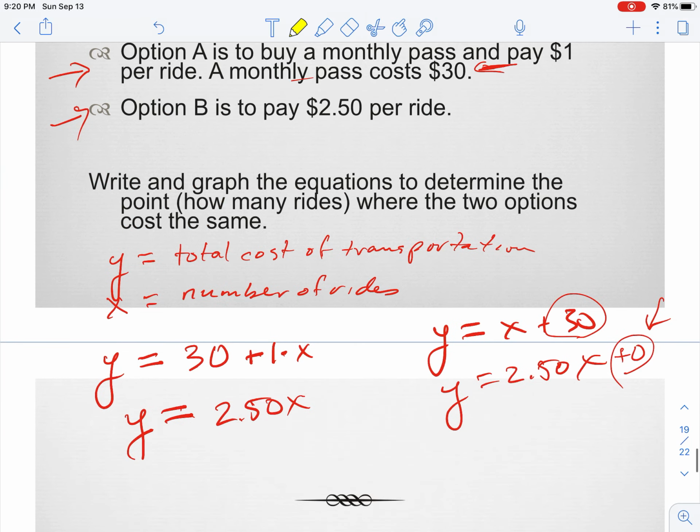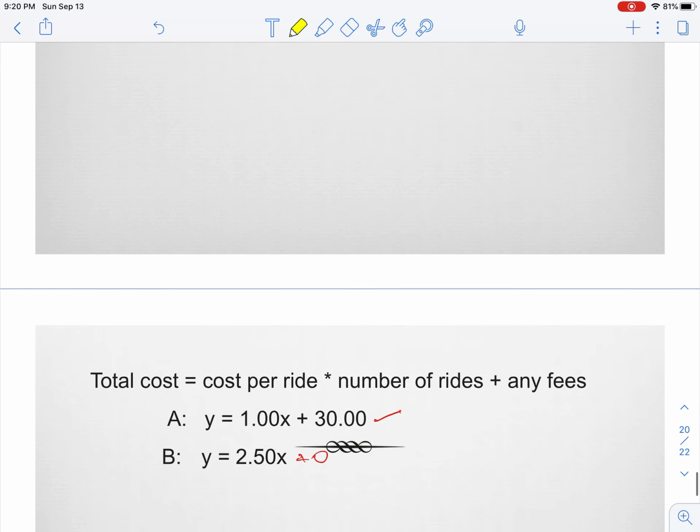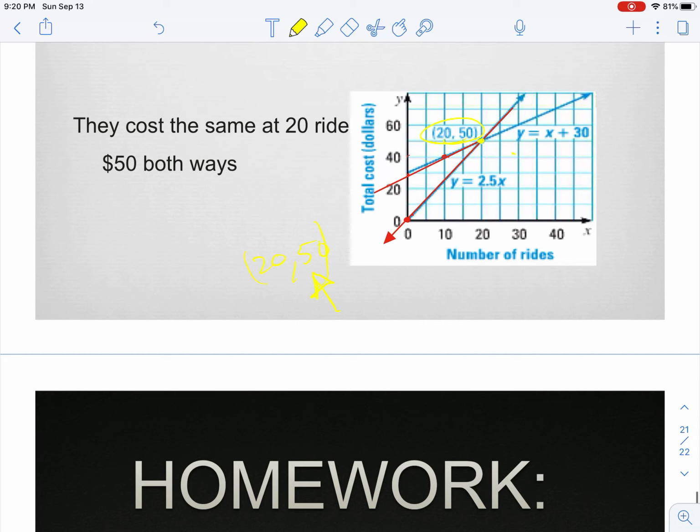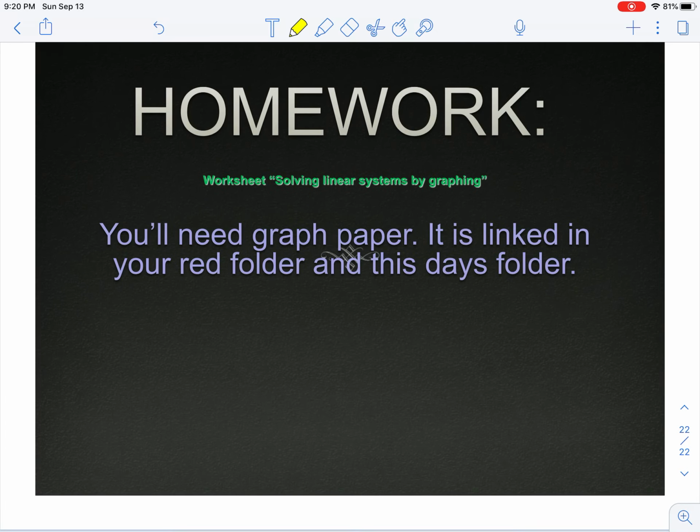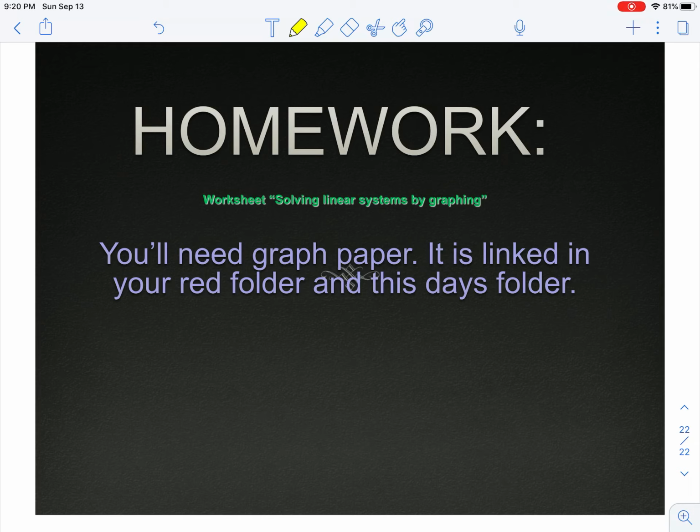It looks like it's 50. And x was the number of rides. So when we have 20 rides, the total cost is 50, and that is the point where these two lines intersect.